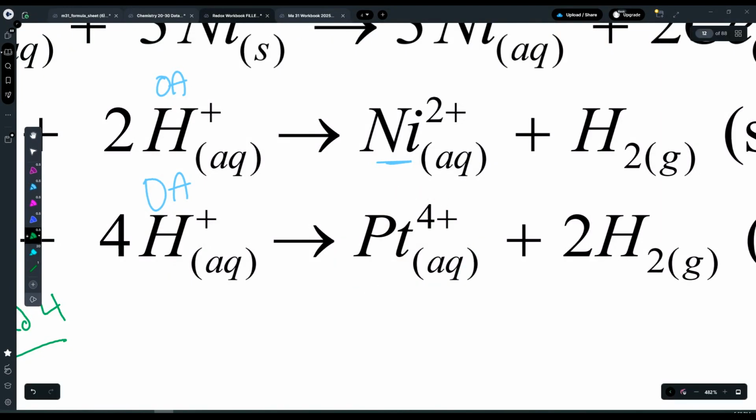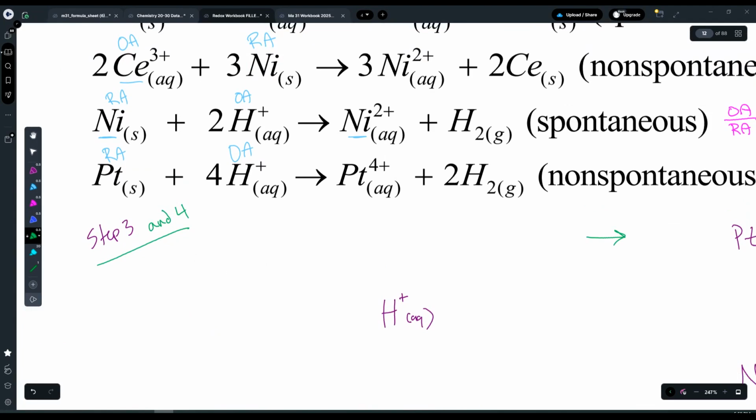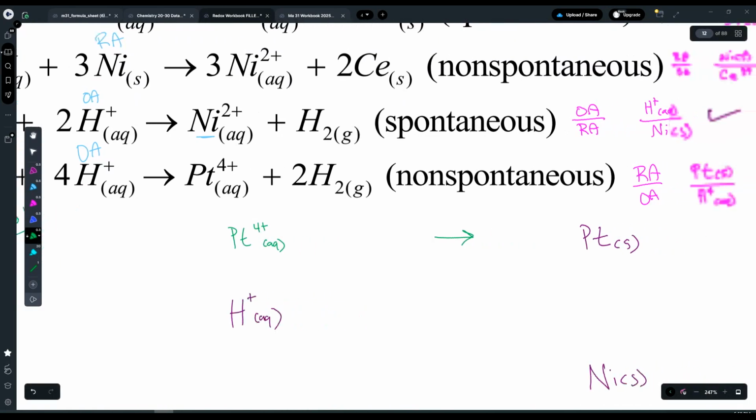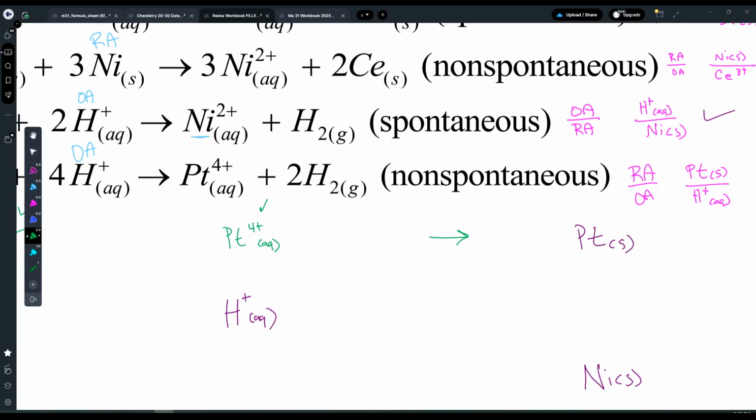So we need to use platinum 4+ aqueous, and now we got to say to ourselves, okay, if we're going from 4+ to a neutral charge, we need to balance this reaction. We need to balance the charges of this half reaction.